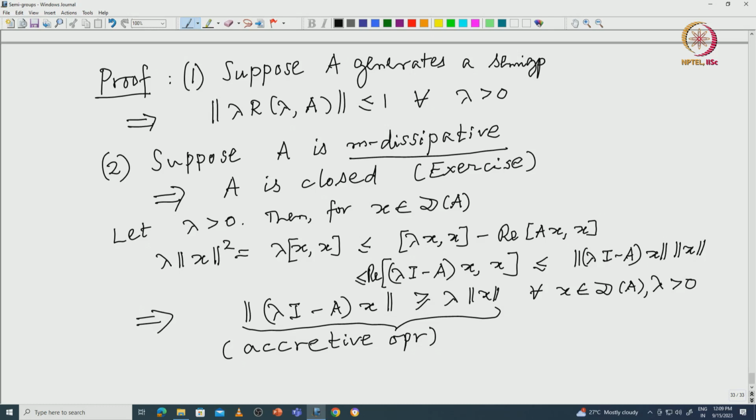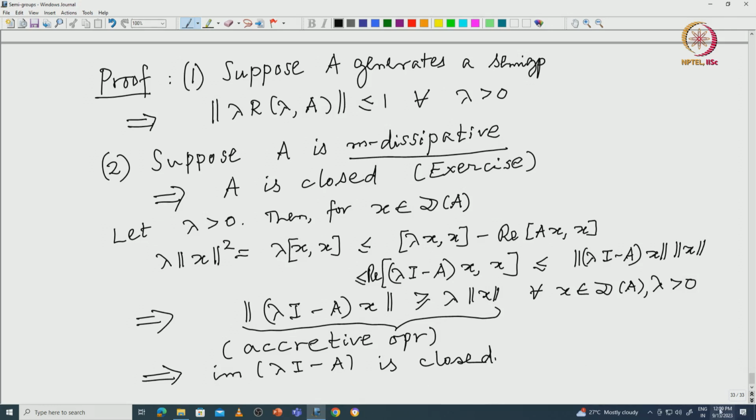And since A is closed, we immediately see that the image of lambda I minus A is also closed, because A is closed.